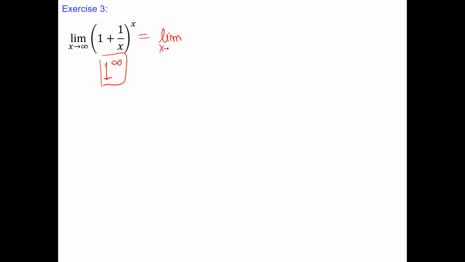Limit as x goes to infinity, e to the ln of the quantity 1 plus 1 over x to the power of x. That x can be placed in front. e is missing, e, because this is the exponent. e to the power of x times ln of 1 plus 1 over x.